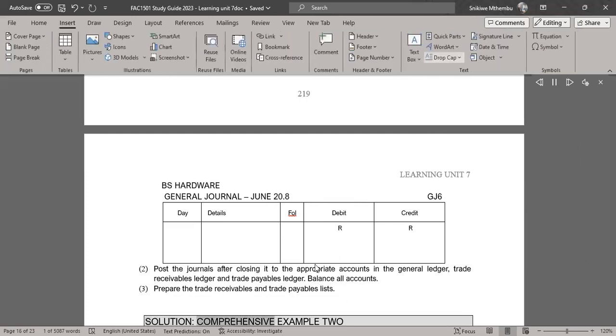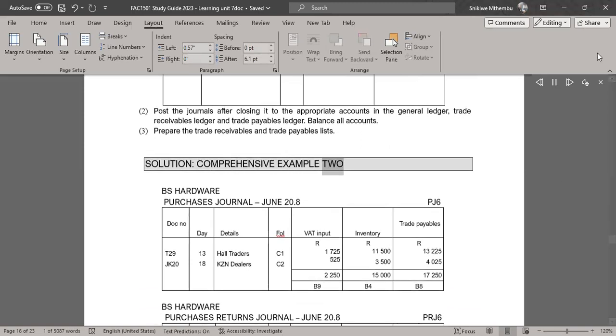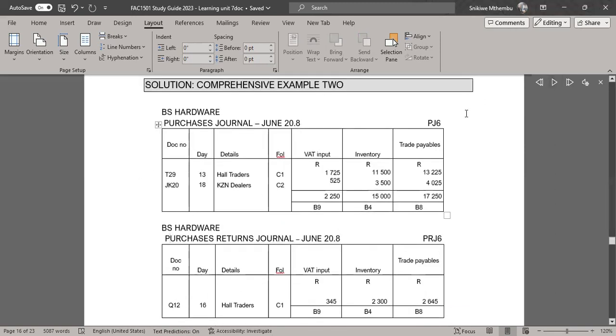Solution, Comprehensive Example 2. BS Hardware. Purchases Journal, June 20.8 PJ. Purchases Returns Journal, June 20.8 PRJ6.